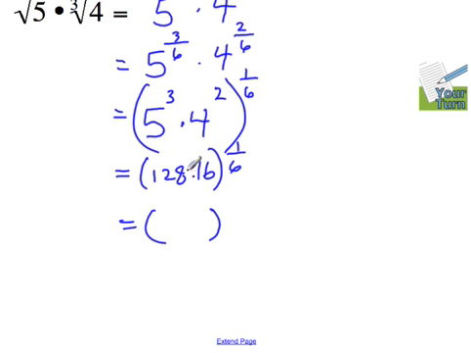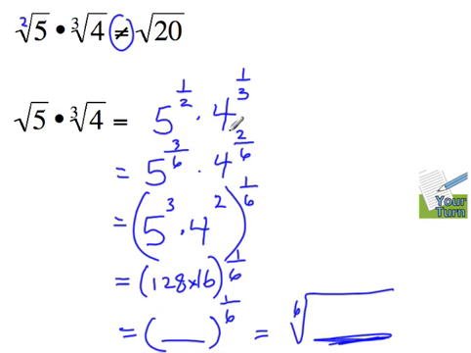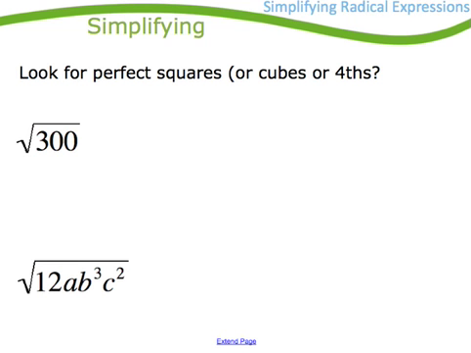But I'd multiply those two numbers, and whatever I'd get there, it would be to the 1/6. And I guess I could rewrite it and have a 6 out here and have the number out there. That's sort of a long way around things. But you know you're going to have to do something like that if the indexes are not the same.